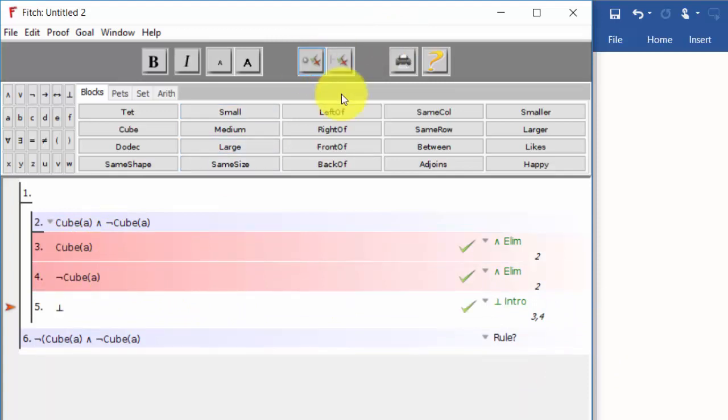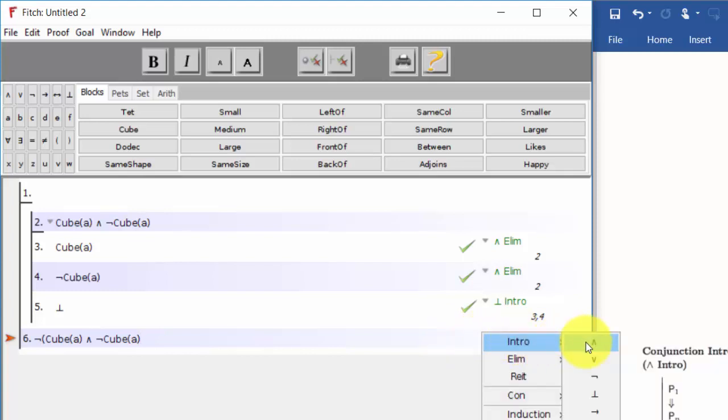Great, I've proved myself wrong. From 2, I can eventually get a contradiction showing that 2 must be false. And 6 just says that 2 is false.